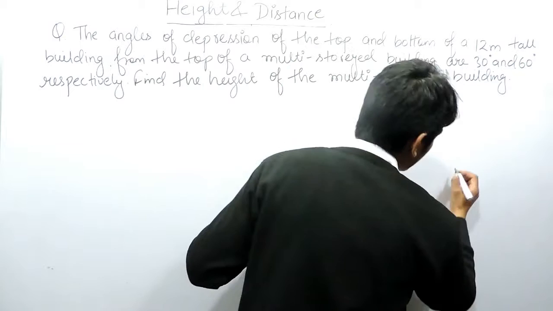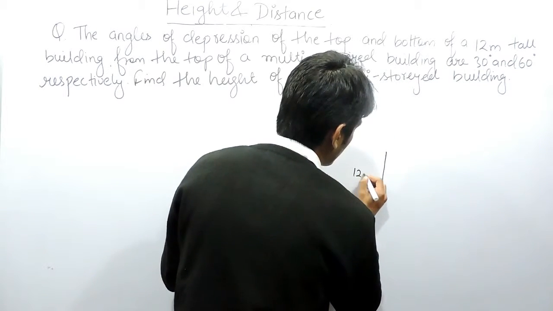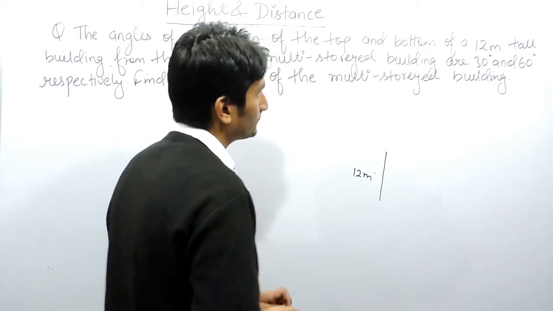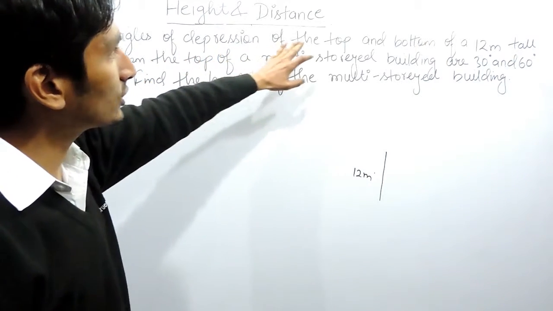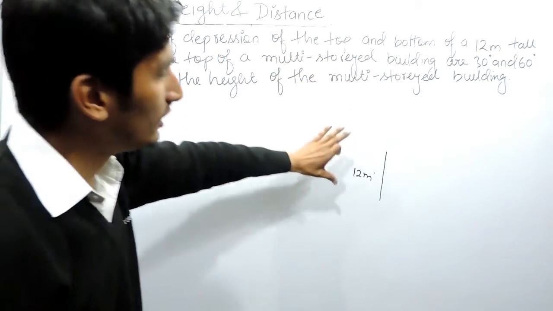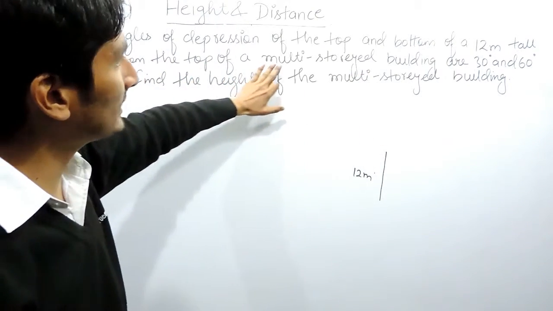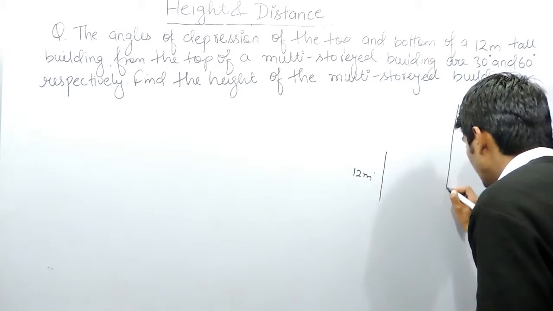If I have to draw the figure, this is a 12-meter high building, and the angle of depression of its top and bottom is measured from the top of another building, the multi-storied building.